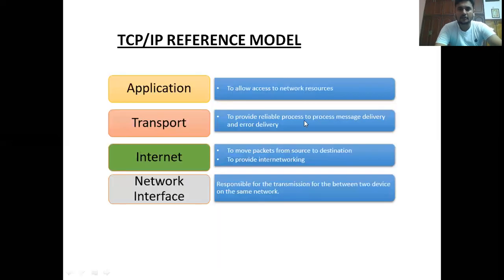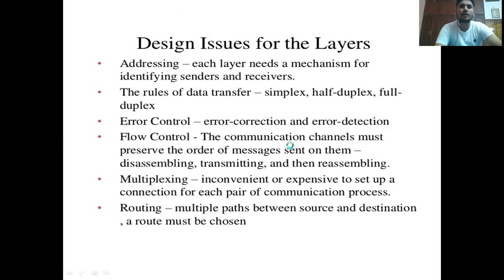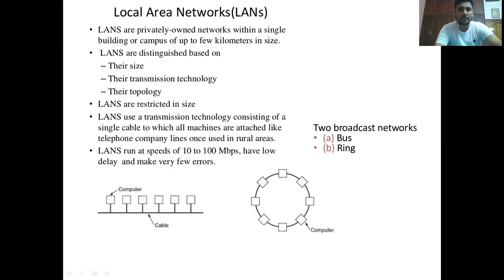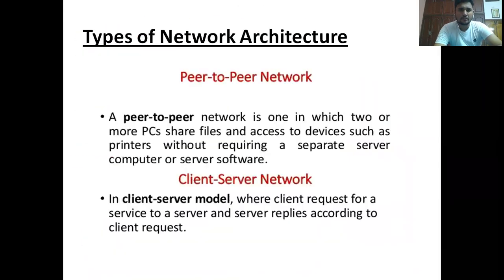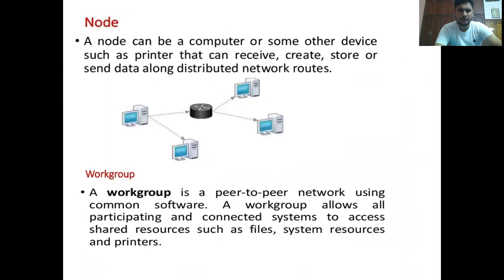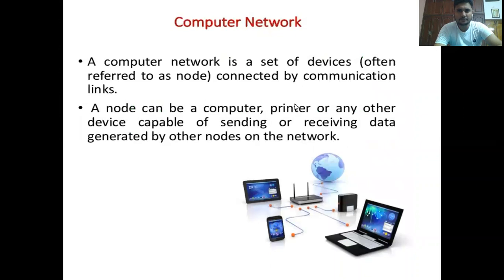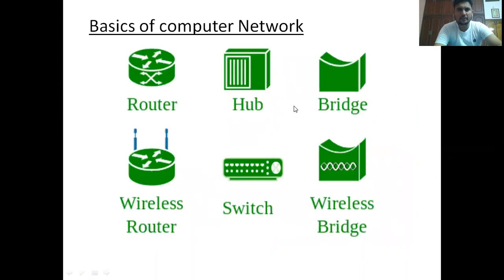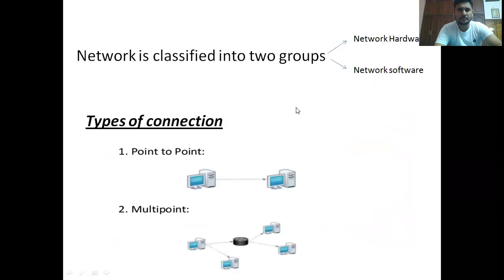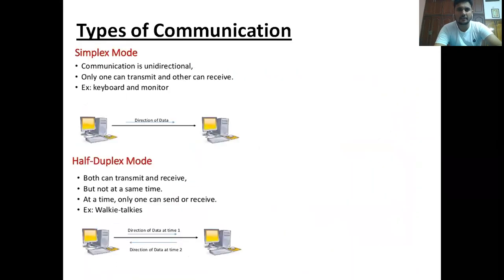Once again, let us recall the important questions in unit number 1. The basics of computers and what is meant by a computer network. What are the different types of connections: peer-to-peer and client-server.